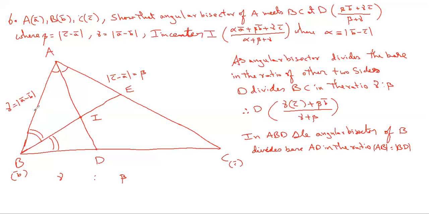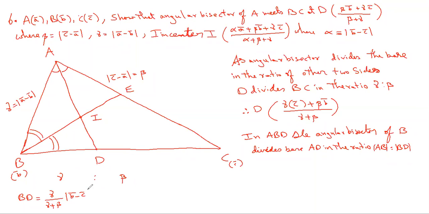So what is this magnitude? BD is equal to gamma by gamma plus beta into BC bar, because D divides in the ratio gamma is to beta. BC bar is mod B bar minus C bar, or C bar minus B bar, whatever you write doesn't make a difference.